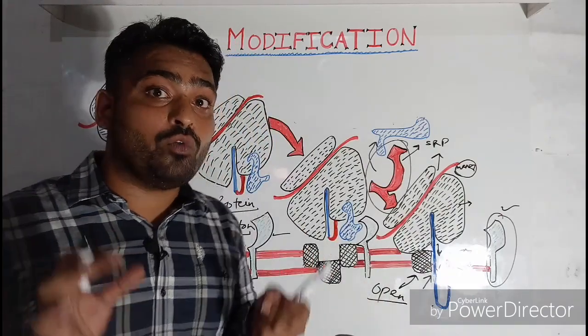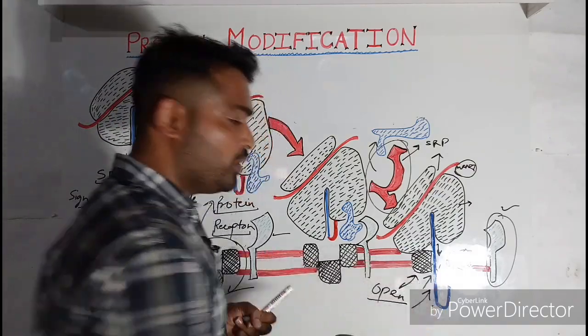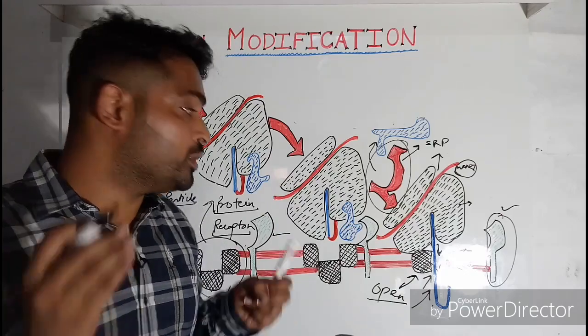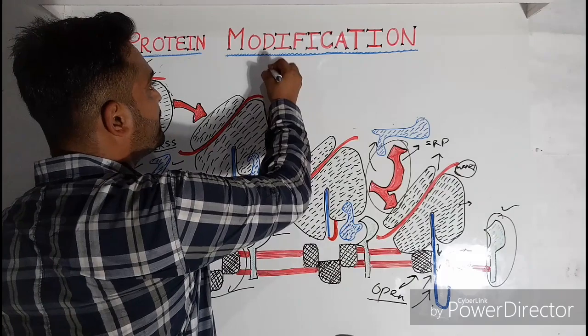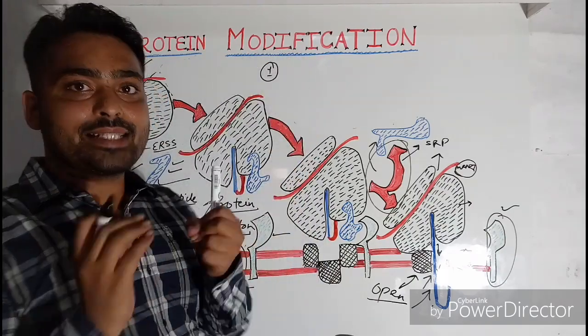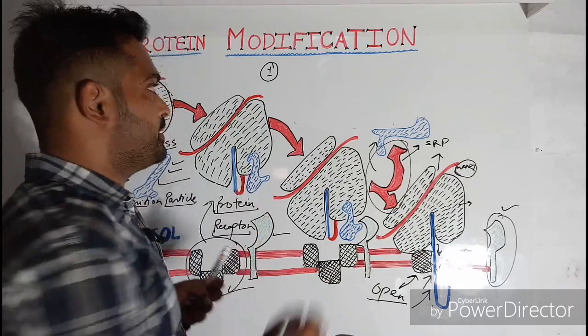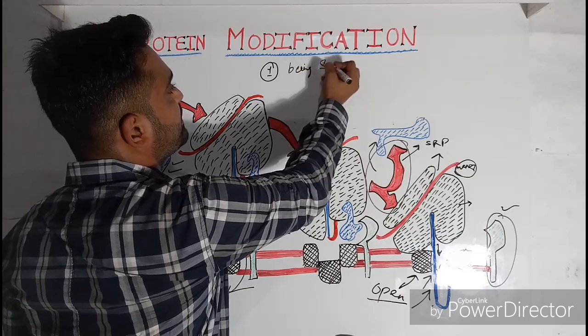But the question here is what we are going to do with this elongating protein, or if it has been synthesized fully, what we would do with this protein. So there are two scenarios. First is if the protein is still being synthesized.